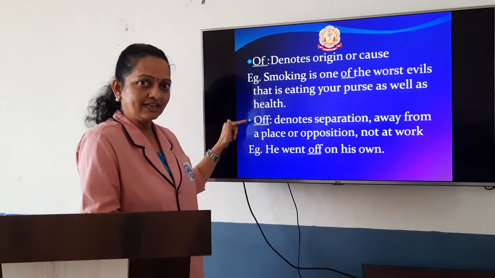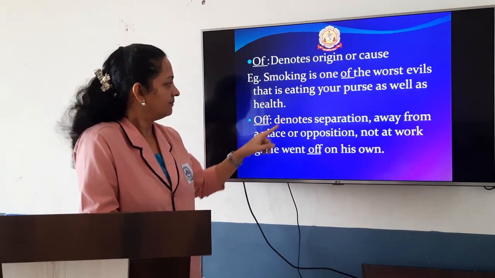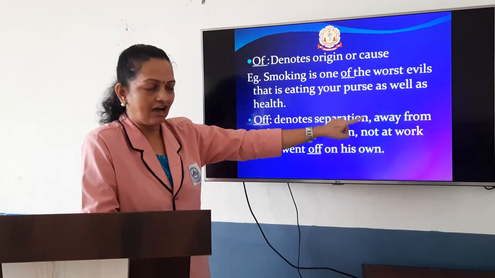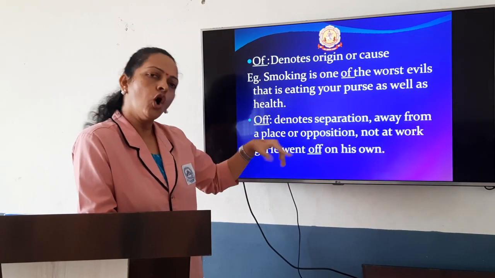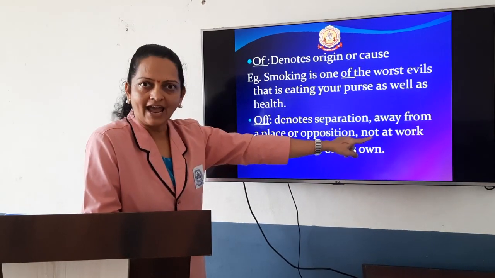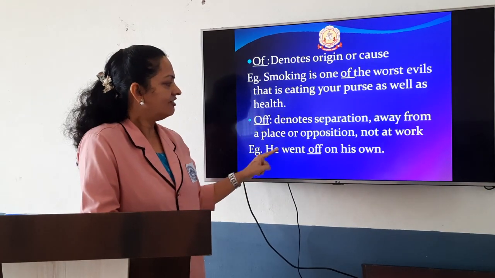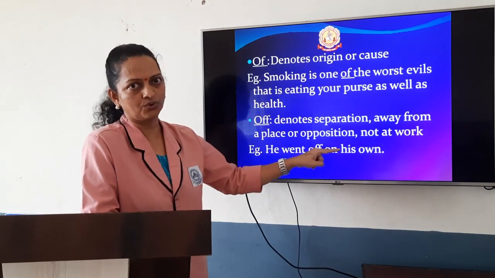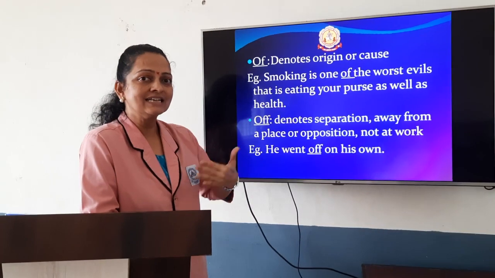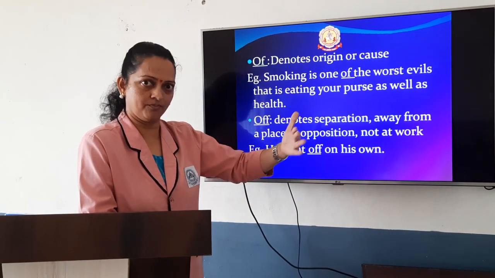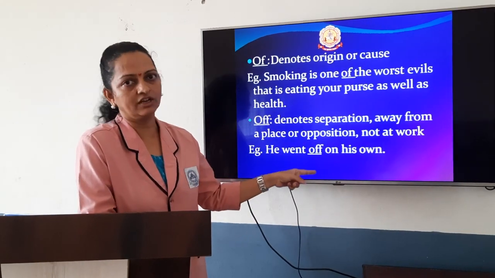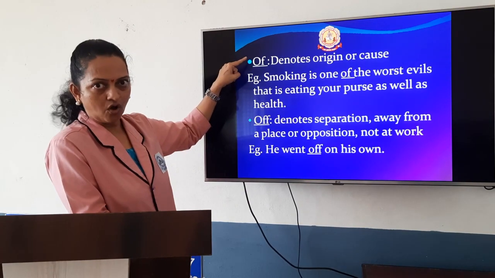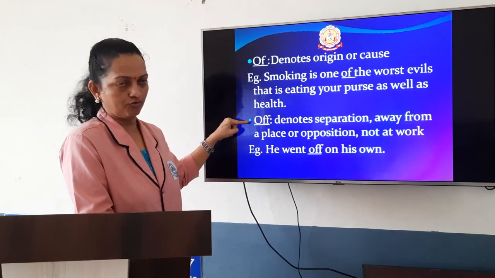Off denotes separation, away from a place, or opposition, or not at work. Example: he went off on his own. Here it denotes separation, to go away from. So he went off on his own. That is the difference between of and off.